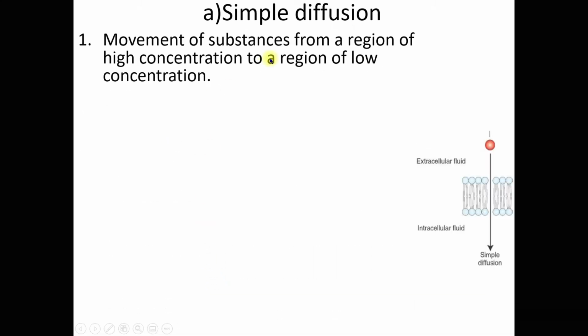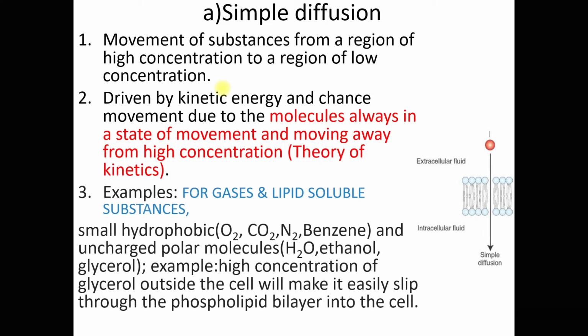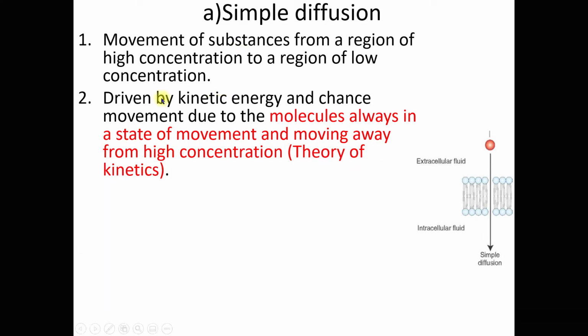Now simple diffusion is the movement of substances from a region of high concentration to a region of low concentration, without passing through a semi-permeable membrane. It is driven by kinetic energy and chance movement, due to the molecules always being in a state of movement and moving away from high concentration.